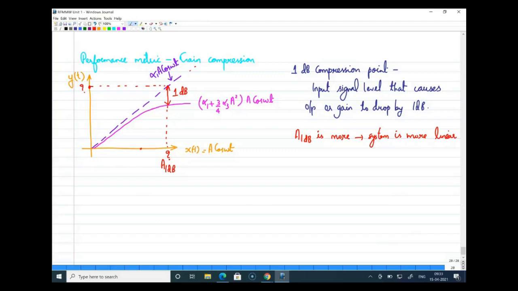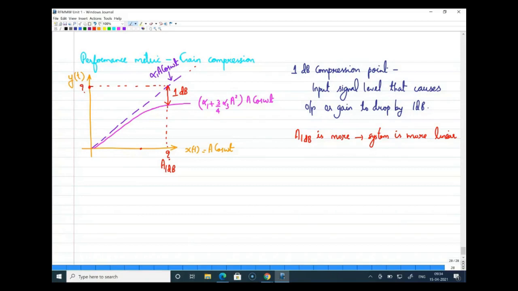That means your 1 dB compression point is less, then the system is more non-linear. So as your 1 dB compression point is more, your system is more linear, right? If you have a larger 1 dB compression point, that is where this can be mentioned by comparing two systems.